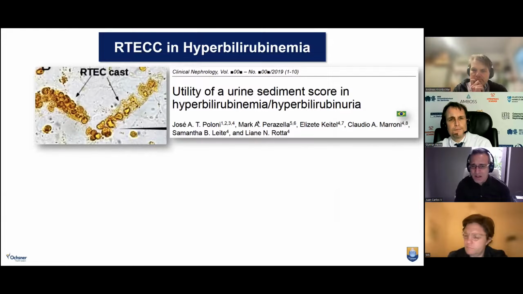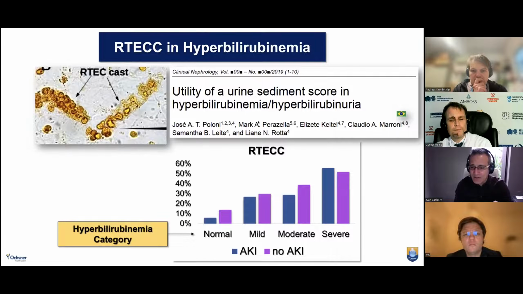Now, what is interesting is that Jose Antonio Poloni in Brazil looked at this cast in a different way. They essentially went to the hospital laboratory and looked at everybody with a urinary microscopy, with or without AKI. And in his observation, there was really no relationship between having or not having AKI and the probability of finding these casts.